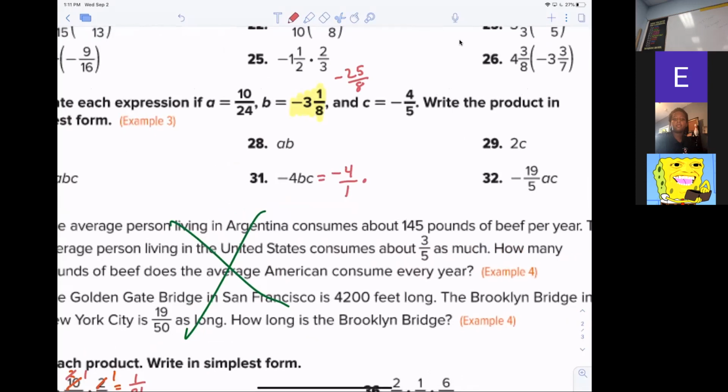Okay, so we do 31. So negative 4 over 1, and then times negative 25 over 2, and C is negative 4 over 5.